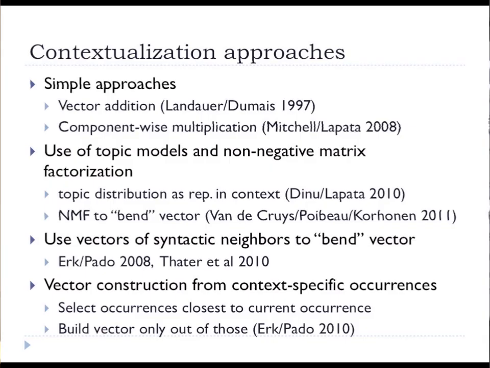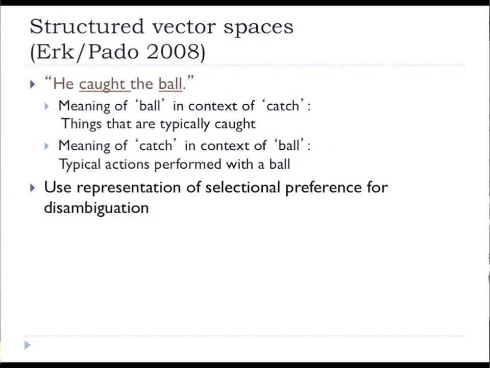And here what we once did was, instead of doing one vector for bank, you keep all the individual occurrences around, and only when you see a current occurrence do you compute a vector for bank from those other occurrences that are most similar to your current one. There's one approach that I'll describe in a bit more detail here, which uses syntactic context only.